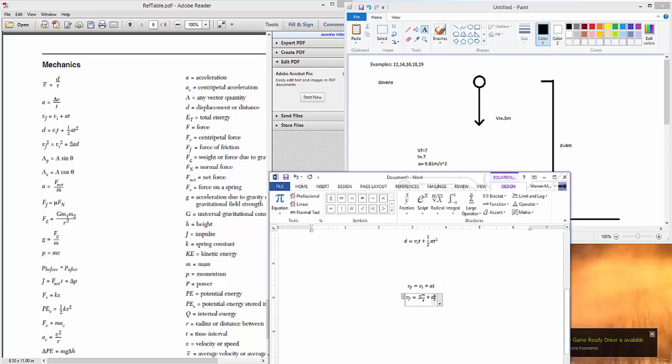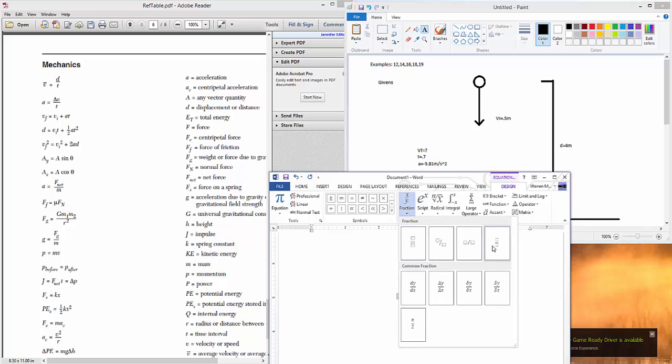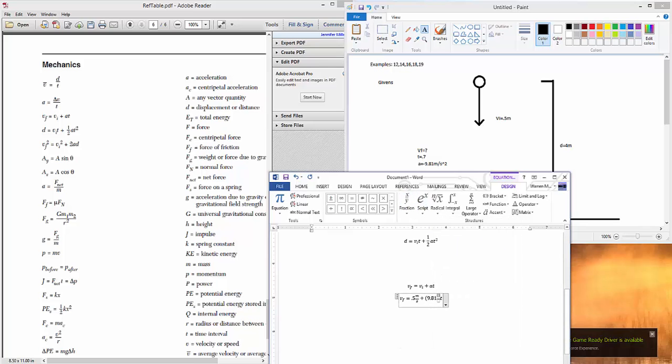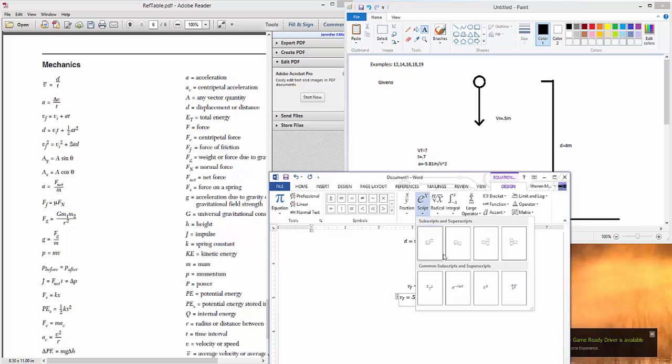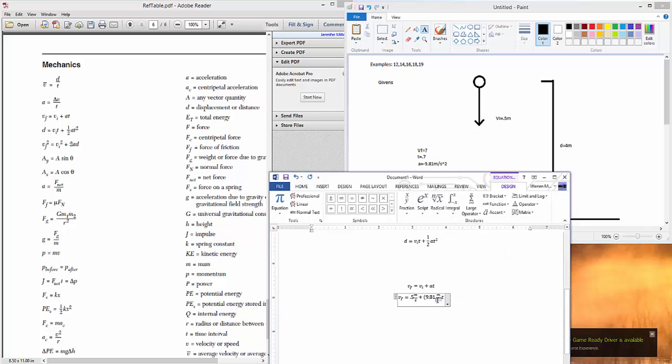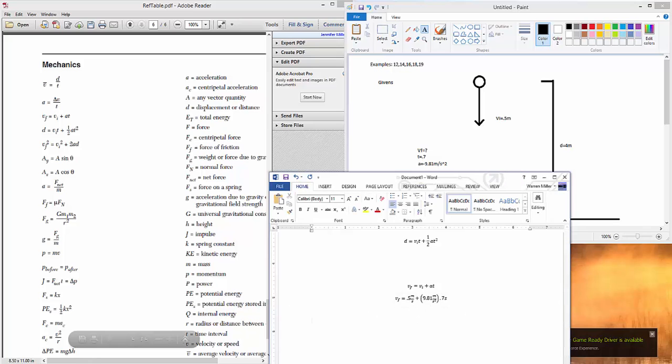Our acceleration is equal to 9.81, and that is meters per second squared, right? And our time in this case, we said the time is 0.7 seconds, right? So got that all in.